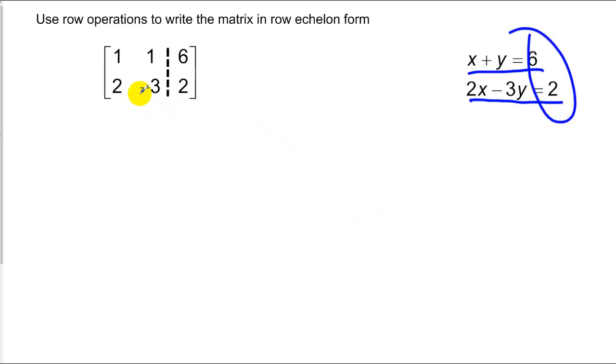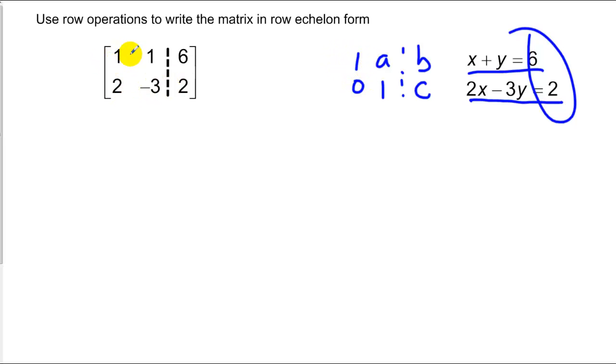And we're going to transform this matrix into a row echelon form of an augmented matrix. It's going to look like 1, a 0 below it, some A, B, and C value here, and then a 1 in that second row, by using these elementary row operations.